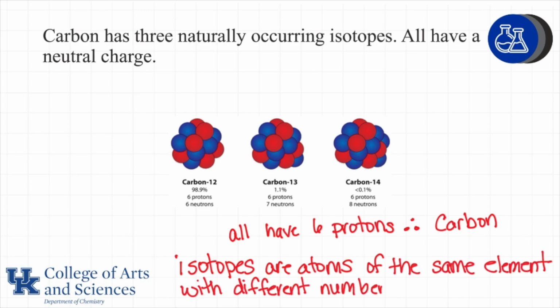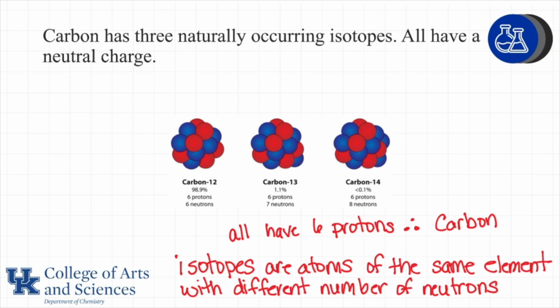Isotopes are atoms of the same element with different numbers of neutrons. So carbon-12, 13, and 14 all exist naturally. They all have 6 protons, but they have different numbers of neutrons. Therefore, their mass numbers will be different, and that's why we see carbon-12, carbon-13, and carbon-14.